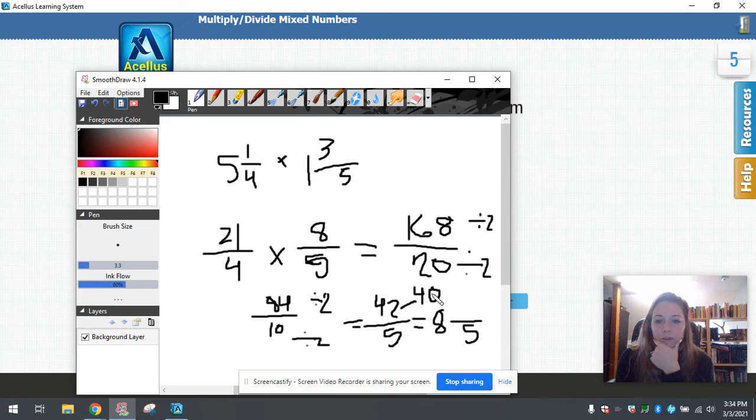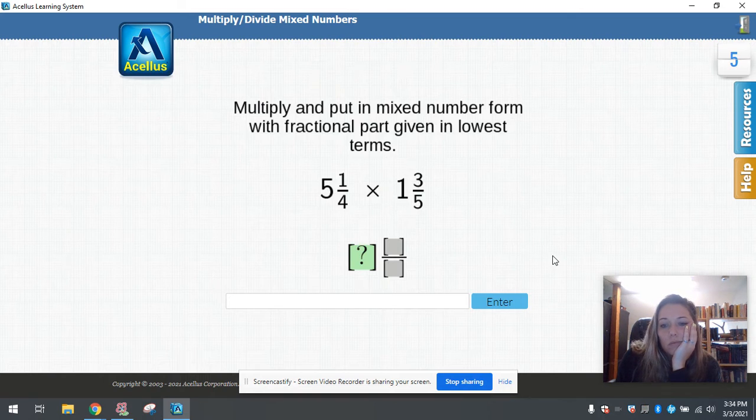It's hard to explain without any pictures or anything. Anyways, you would do 8 times 5 in your calculator and get 40. You take that away from 42. 42 minus 40 gives you 2. Your mixed number is 8 and 2/5. You cannot reduce 2/5. I've gone over why in past videos.